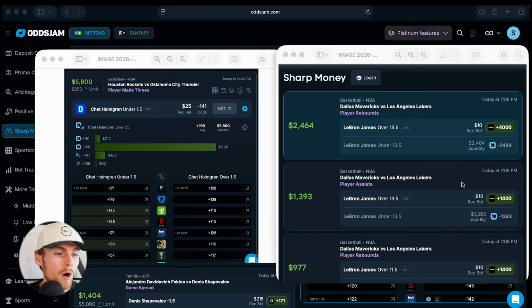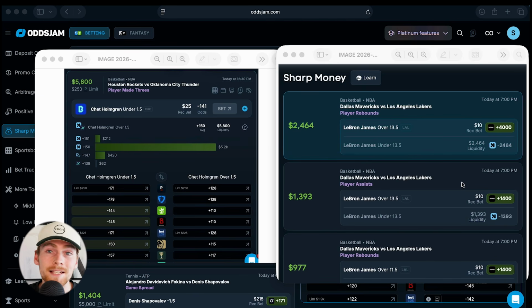We don't need to always tail the huge plus money play, but when we see a sharp take a line that was at 6.5 and want to bet it at 13.5, that is incredible value right there. If somebody is willing to put $2,464 down on LeBron to go over 13.5 rebounds, I am willing to make a bet that he's going to get over 6.5.